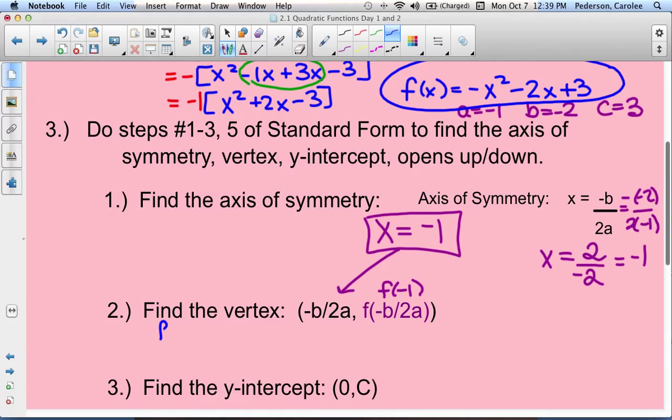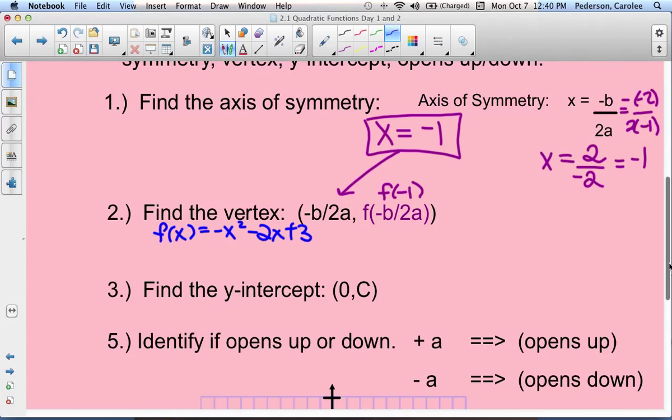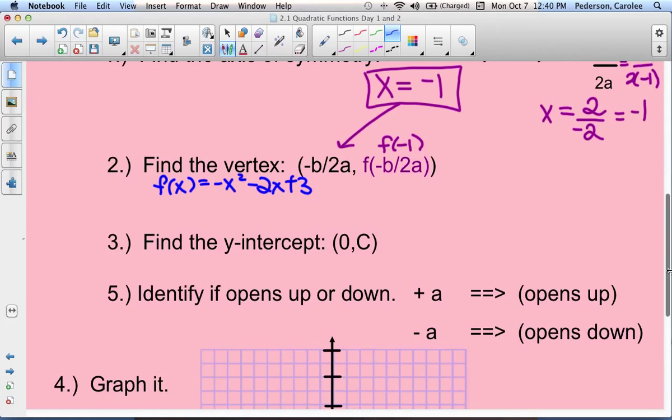So I have f of x equals negative x squared minus 2x plus 3. So f of negative 1 equals, replace the x with negative 1, and simplify it.